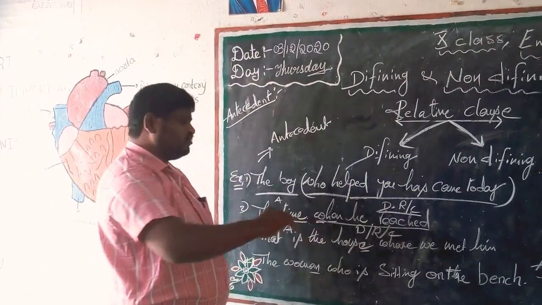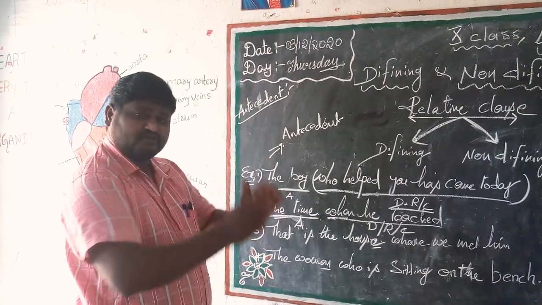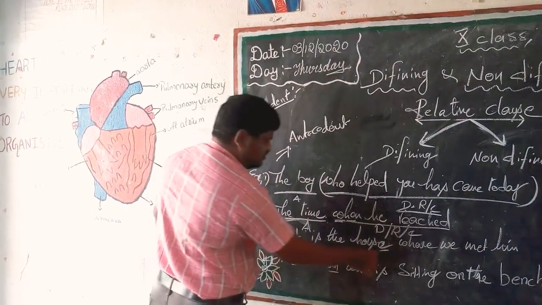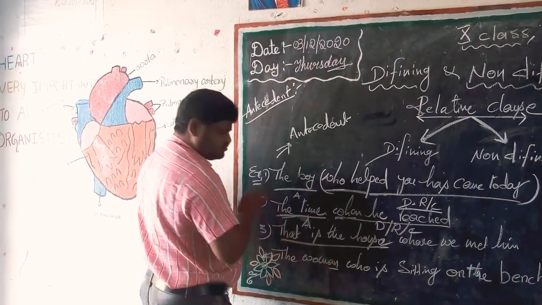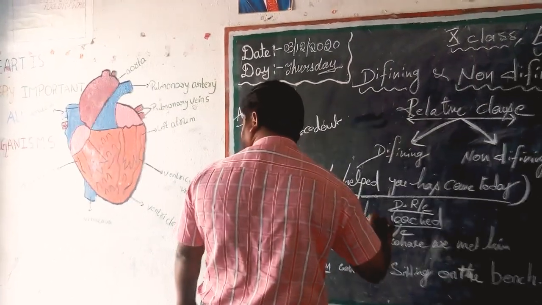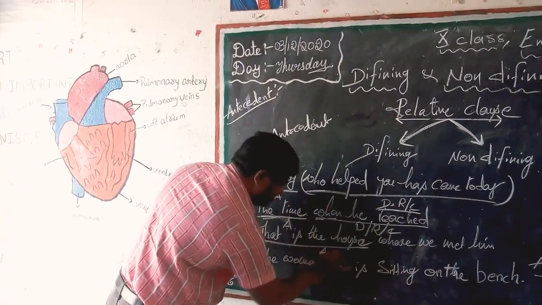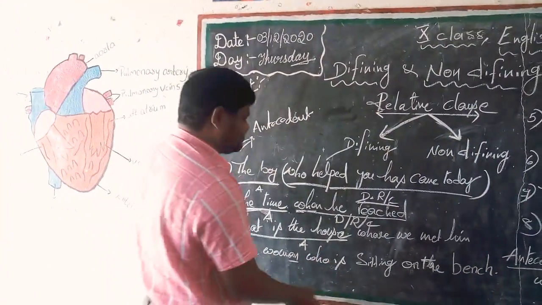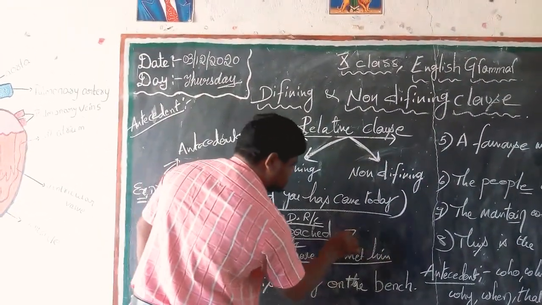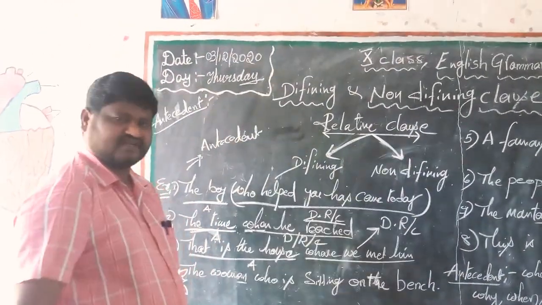That is the house where we met him. Here, how will we identify what is the antecedent and what is the defining relative clause? Here, that is the house, and after it, antecedent plus clause. What is the antecedent? That is the house means antecedent. And next, plus clause, where we met him. This is the defining relative clause. Why?